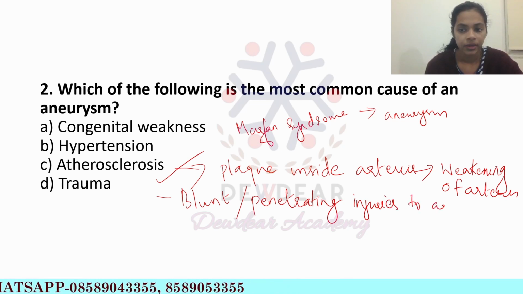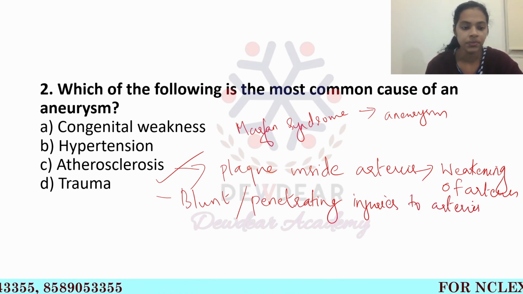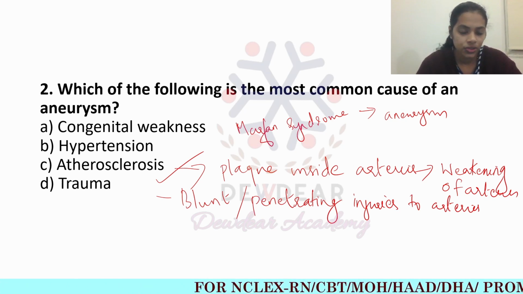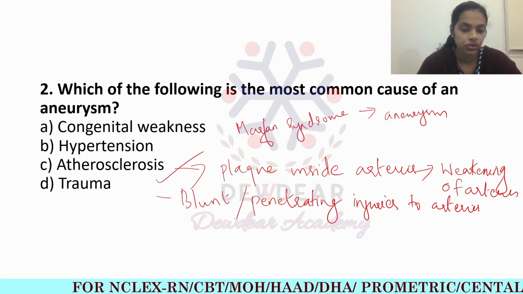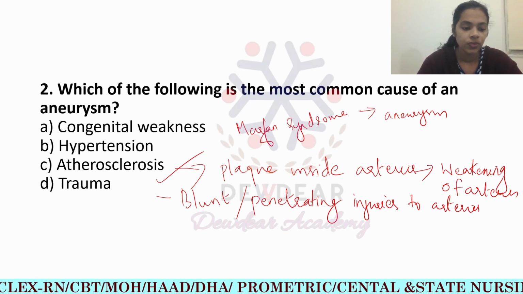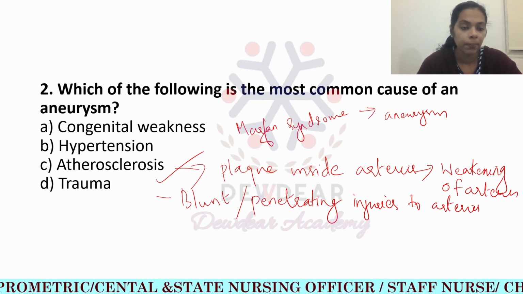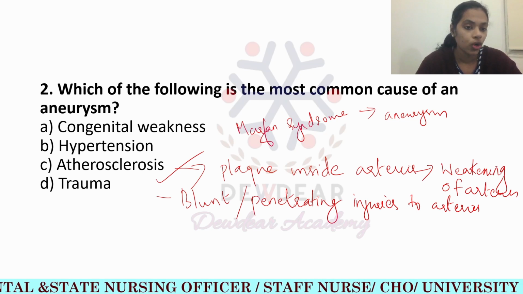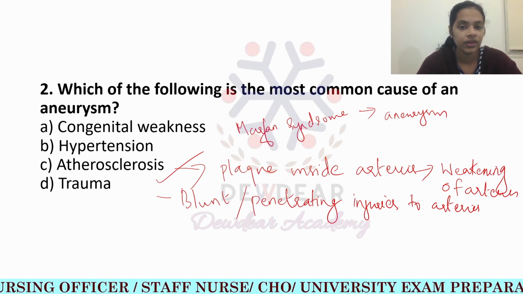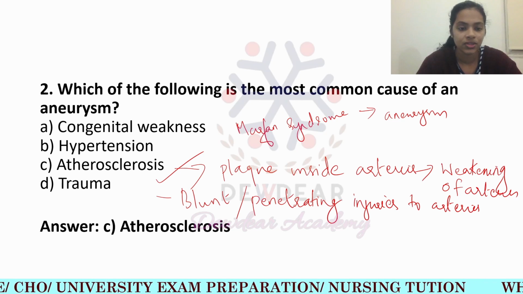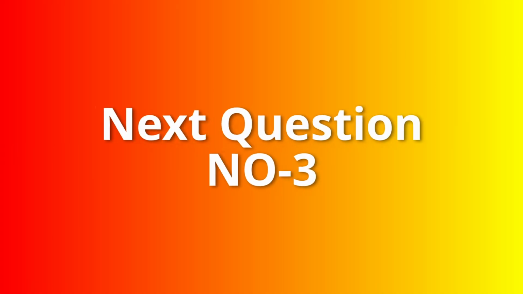There can be traumatic aneurysm, but they are very rare and it will be localized to the particular area or the site of trauma. So we cannot say it is a common cause when you are comparing with atherosclerosis. Trauma, hypertension or congenital weakness is not the common cause. So the correct answer here is atherosclerosis. Option C is the correct answer.